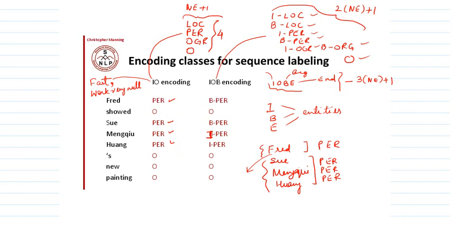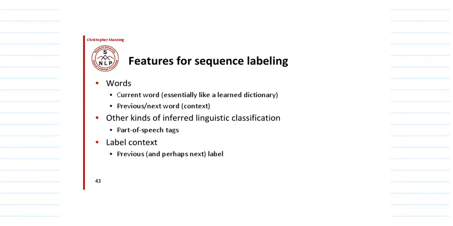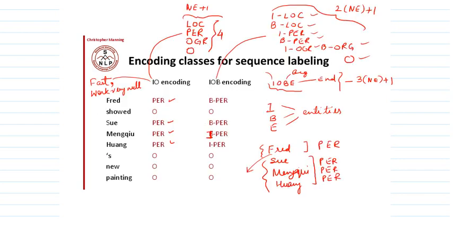Okay, so before training the classifier, once we have this kind of data set available, we need to extract the features from that data, and then we can apply those features to any traditional machine learning algorithm or sequence labeling algorithm. So the most basic feature could be the word itself. In each of these instances, each of these will be acting as a training example. So this Fred shows you Mengui. Each of these itself can be a feature, right?